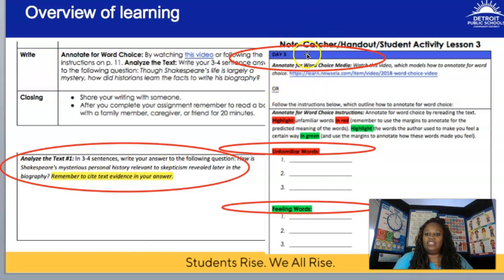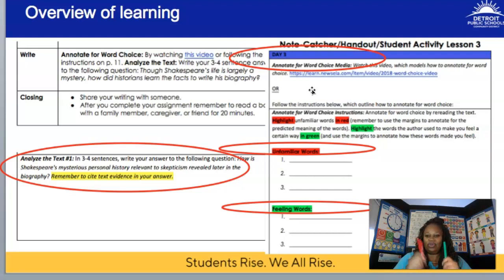Your note catcher today outlines our 3 activities. We are annotating for word choice, and you have the option to watch a very short video that shows us how to best annotate for word choice. Or those instructions have been outlined here and you don't even need to watch the video if that's not a possibility for you. No worries.